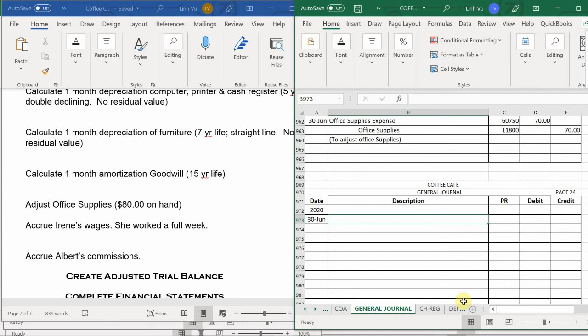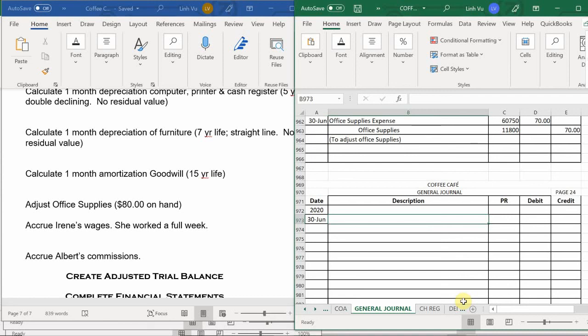So what do you want to put? If I'm not going to pay her now, what does that mean? We have a liability. We owe her money. Exactly. Correct, good.